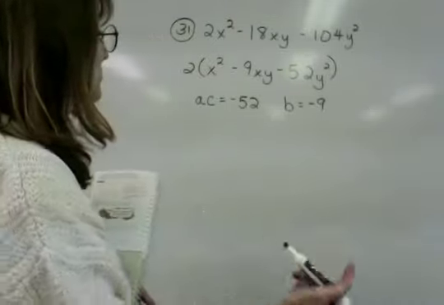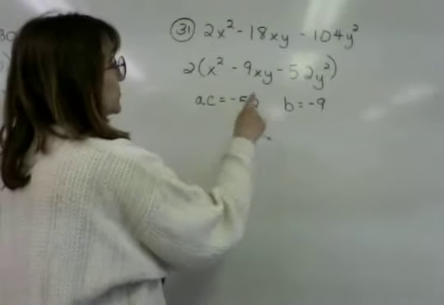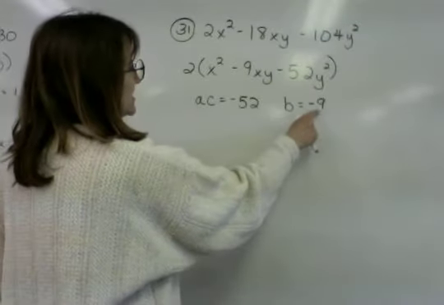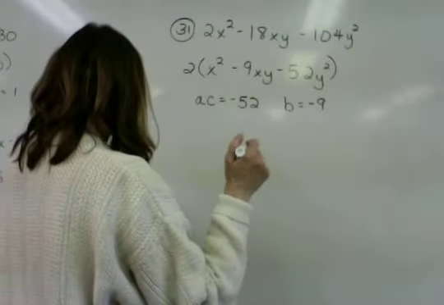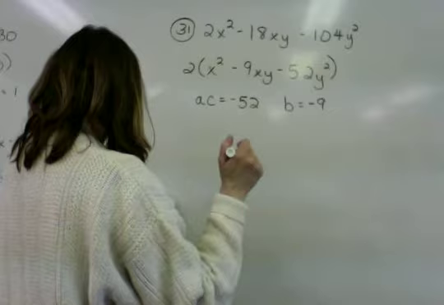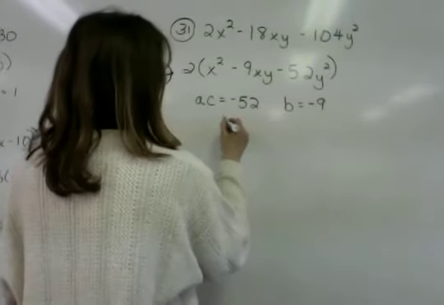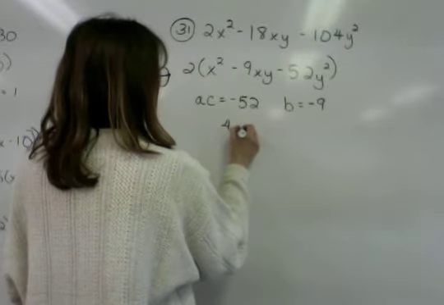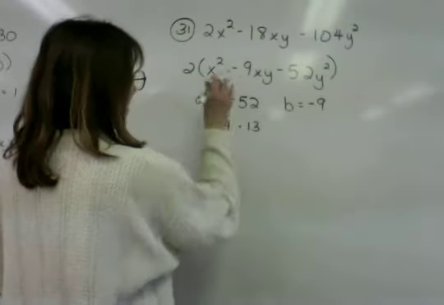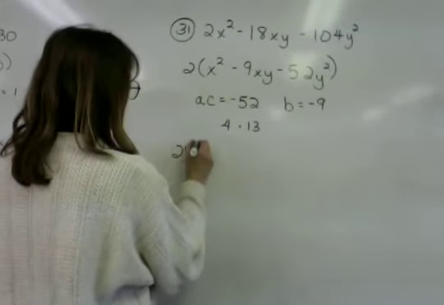But there's going to be a factor with 13, where if I subtracted it, I would end up with the negative 9, which means your 13 is going to have to end up being negative. So 4 and 13. 4 and 13. And as I write that out together, remember my 2 is going to stay here.